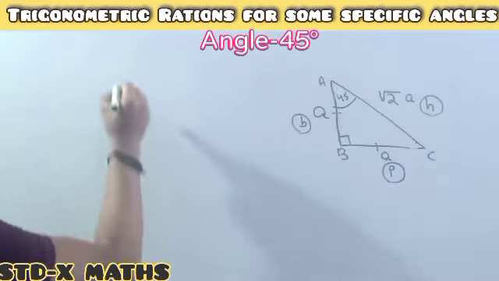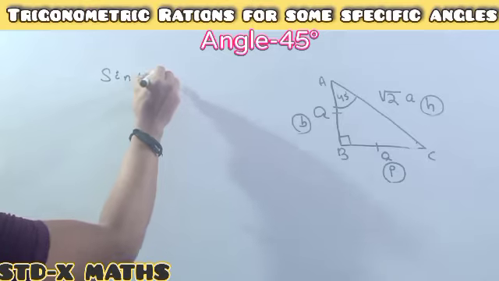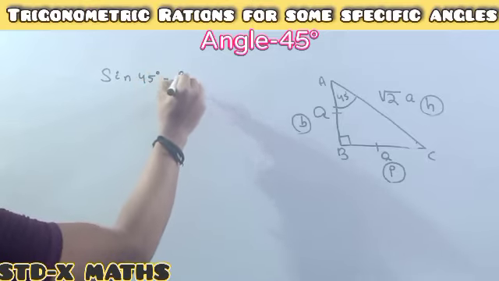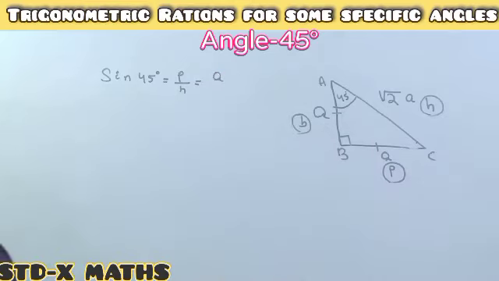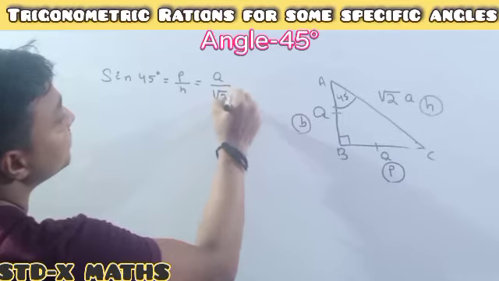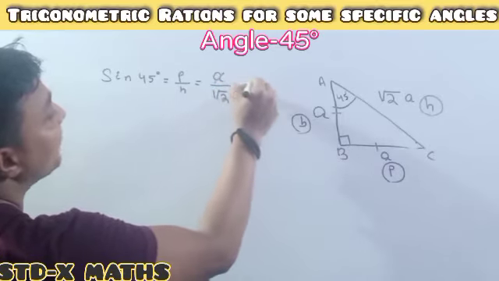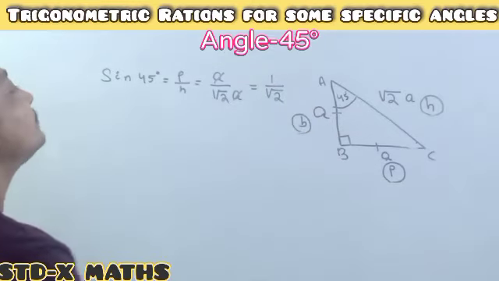See, the first trigonometric ratio will be sine 45 degree. Sine 45 degree is P divided by H. Here P is equal to a and H is root 2a. The a will be cancelled and my result will be 1 by root 2.